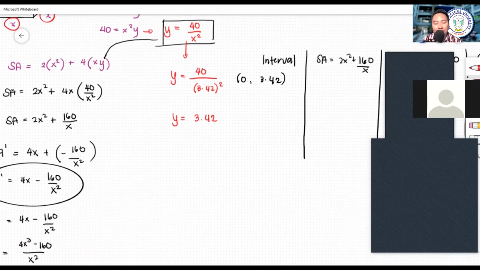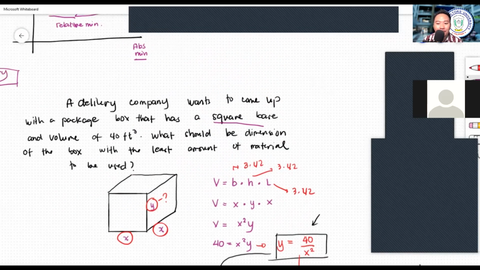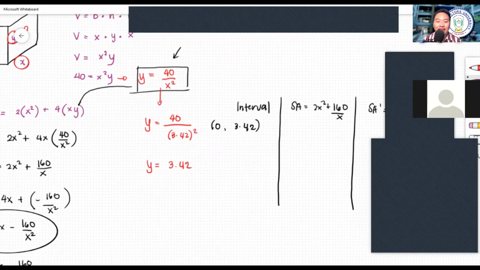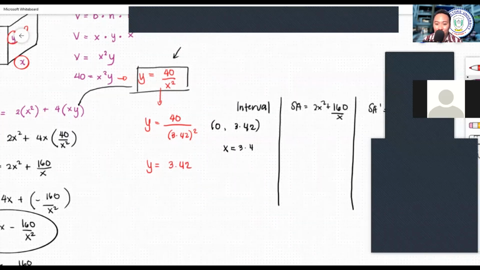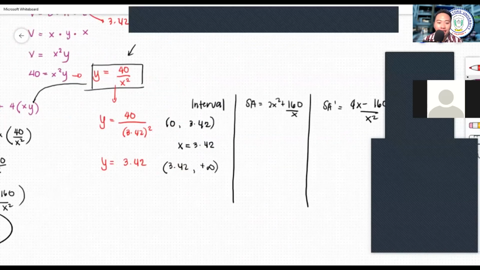Because of the definition: there's no such thing as negative length. Then next is the critical value 3.42, and the next interval is 3.42 to infinity, as the length gets larger.